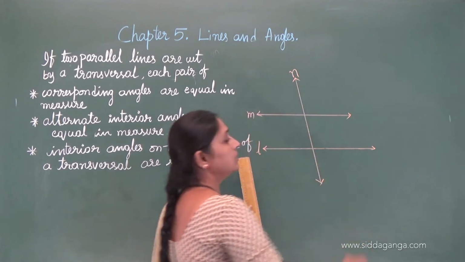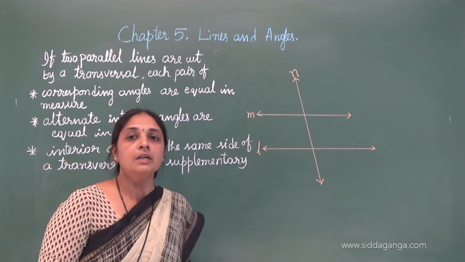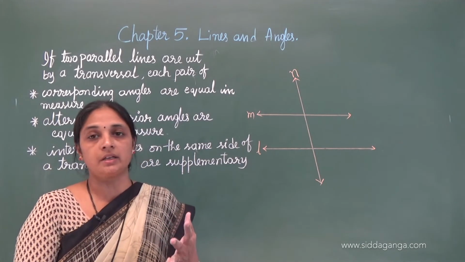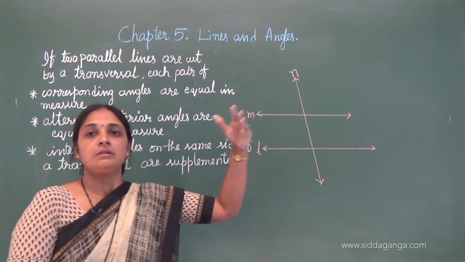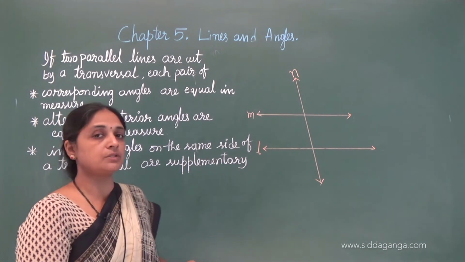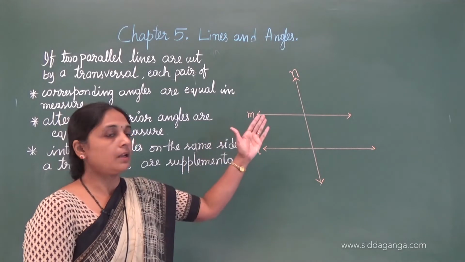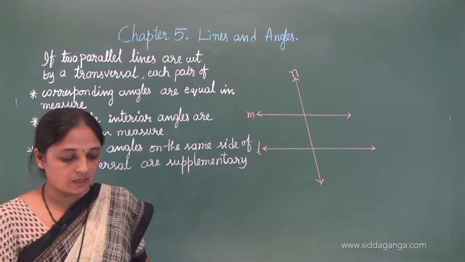And we have all the types of angles here: corresponding angles, alternate angles, that is interior and exterior, and the angles which are present at the same side of the transversal, they are supplementary, okay? Then linear pair and vertically opposite angles.